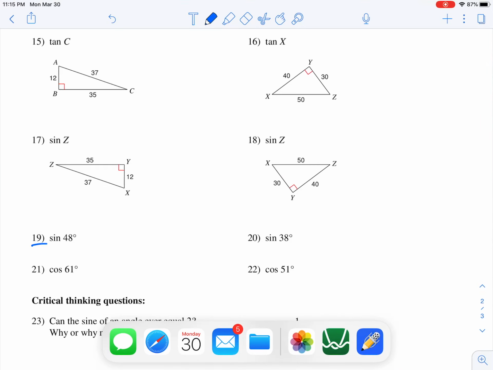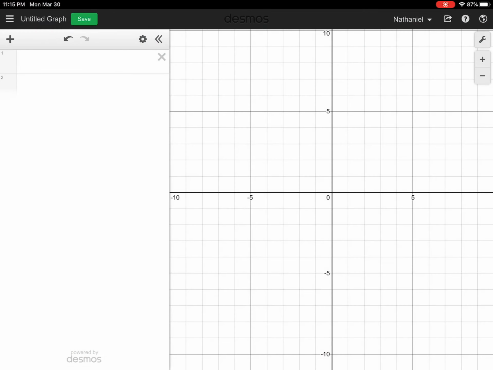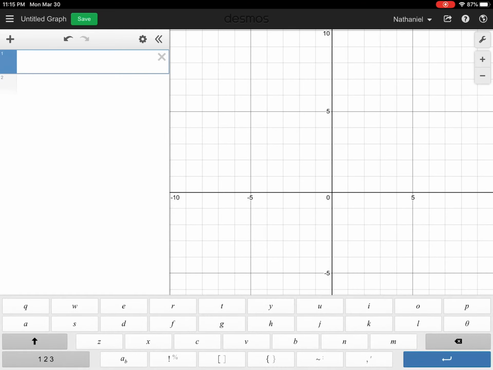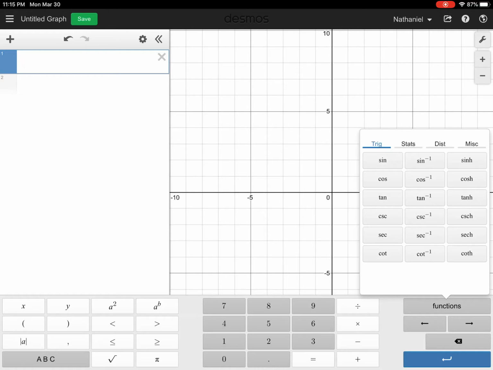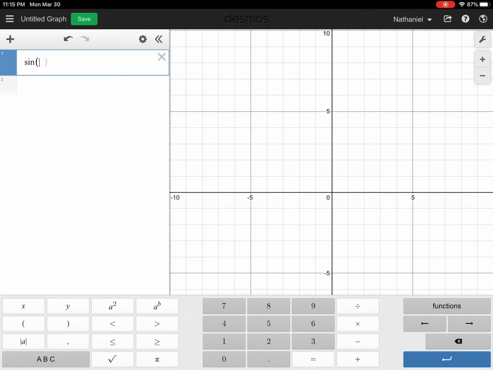So for my purposes of using a calculator, I'm going to pull up Desmos. You can use whatever you like. Let's go to functions, put in sine of 48.